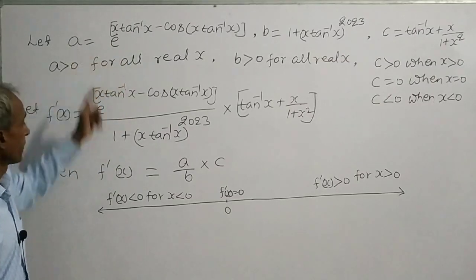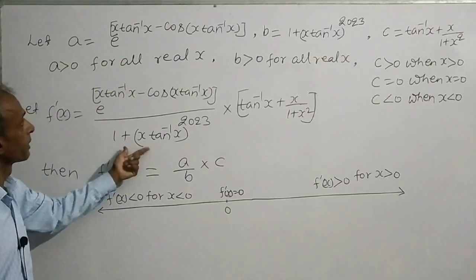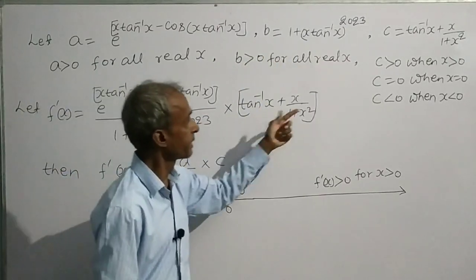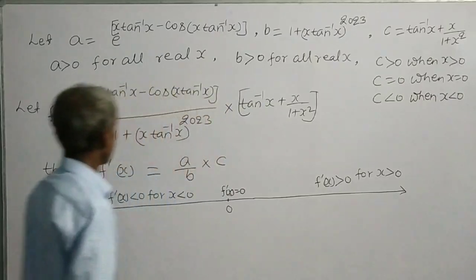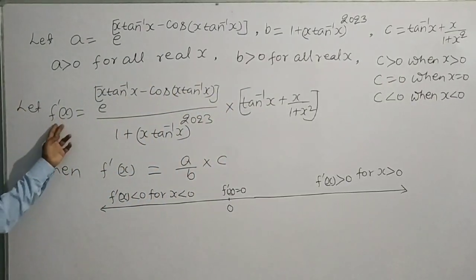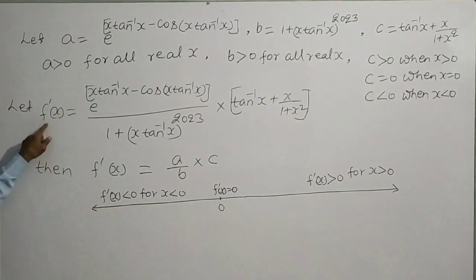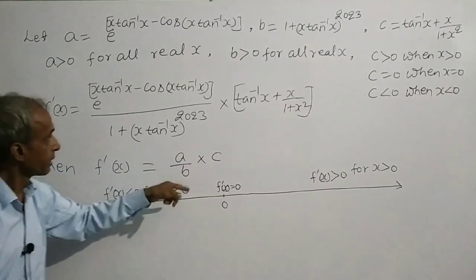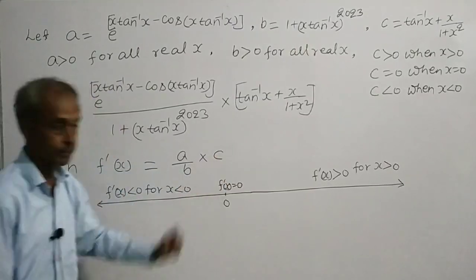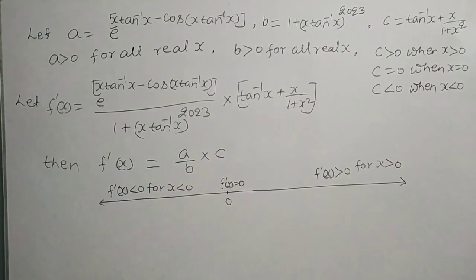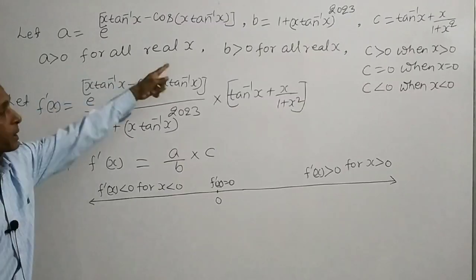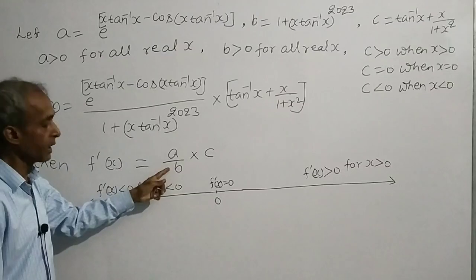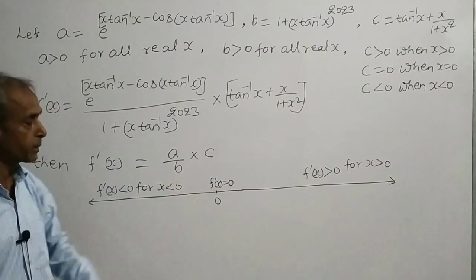This is A, this is B, and this is C. Therefore, if f dash x is equal to this function, then f dash x will be A by B times C. A is always positive, B is always positive, therefore A by B will always be positive.